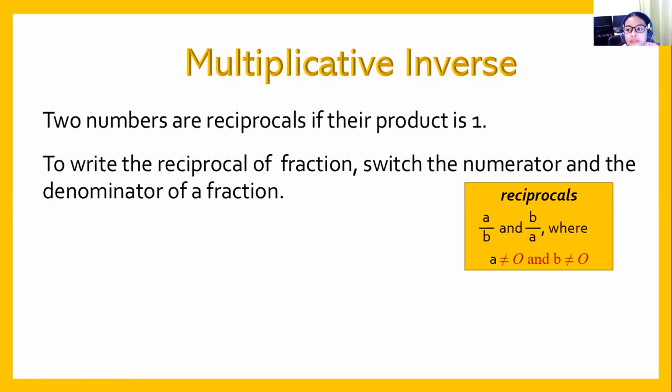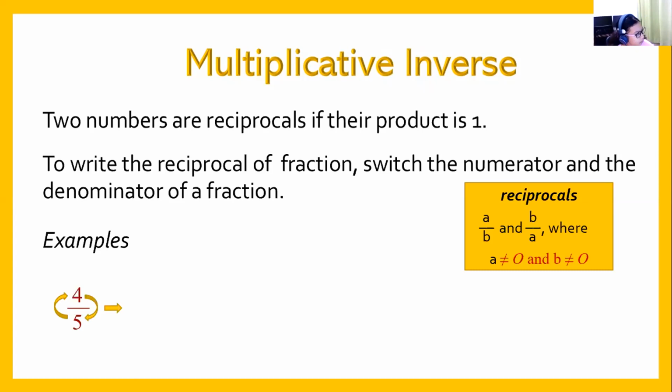Okay, let's see here. Examples. If you have 4 over 5, what do you think is the reciprocal of that? 5 over 4. Yes, you're just going to switch positions, all right? As shown in the illustration.